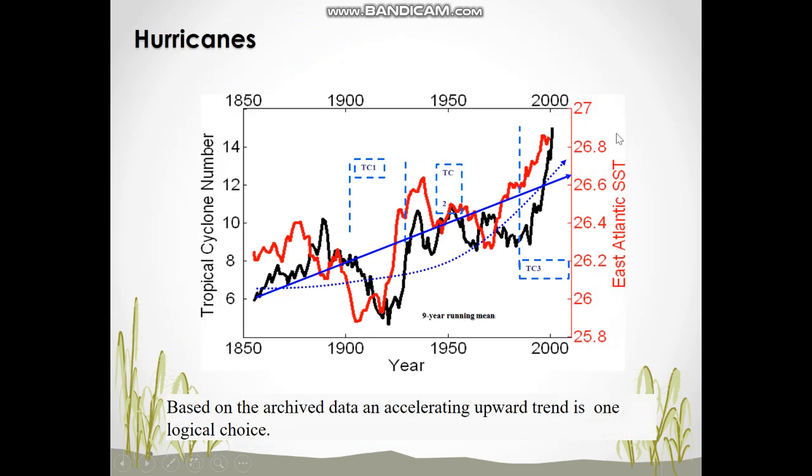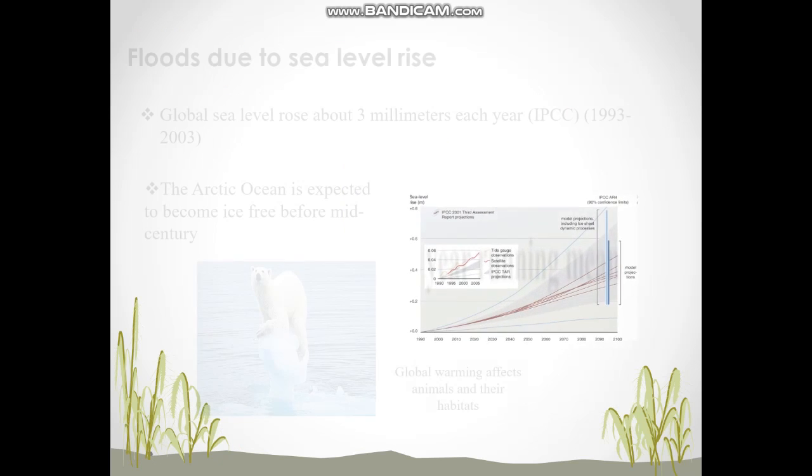Also, SST or sea surface temperature has also increased, which is a necessary component to form hurricane. So there is a direct association between sea surface temperature and number of tropical cyclones.